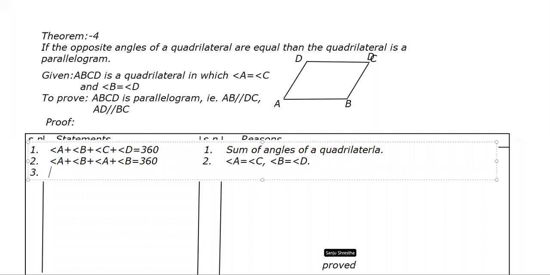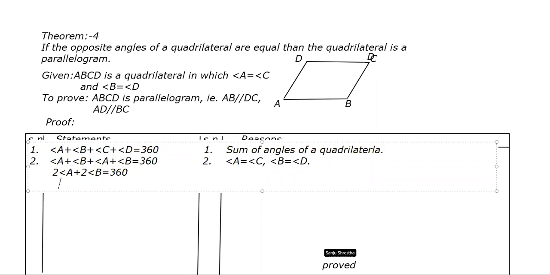Now, A plus A is 2A, plus 2B is equal to 360.